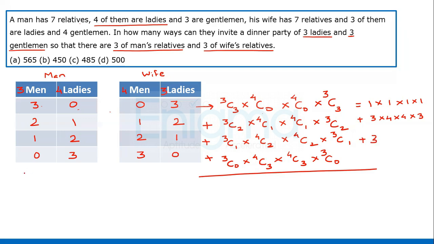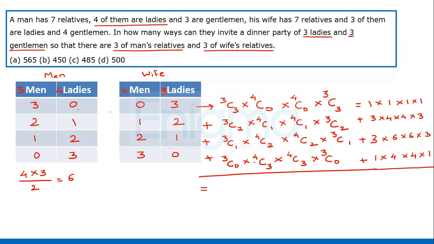Now 4C2, let's do the calculation here. So 4C2 becomes 4 into 3 upon 2, that is 6. So 3 into 6 into 6 into 3, plus 3C0, that means 1, 4C3, that means 4 into 1.